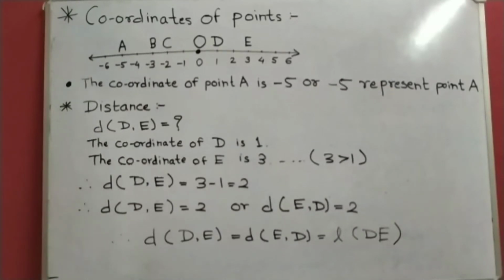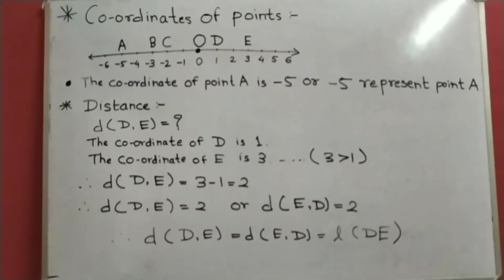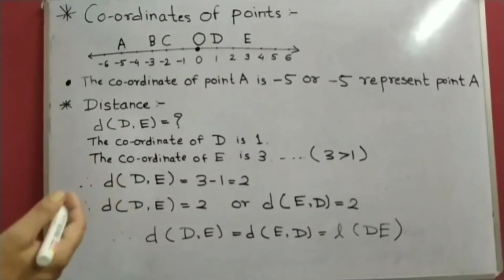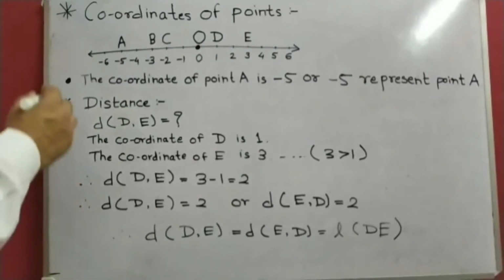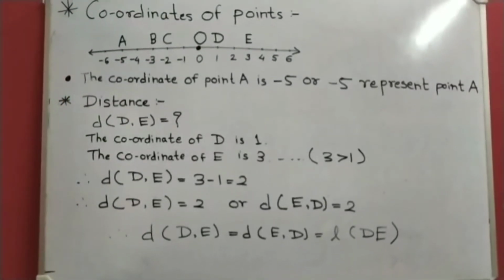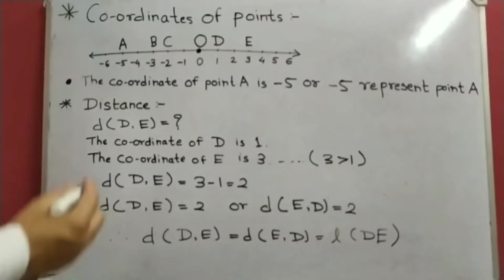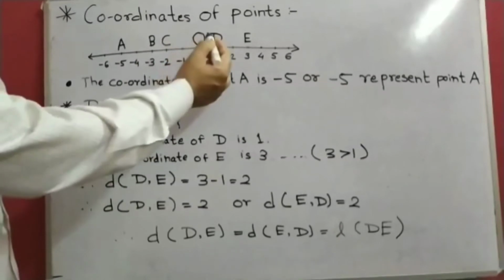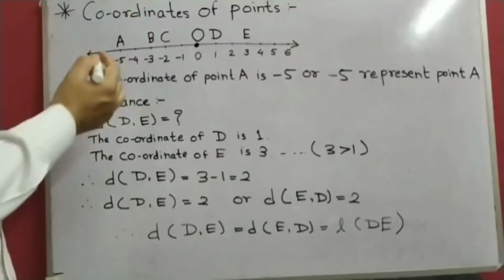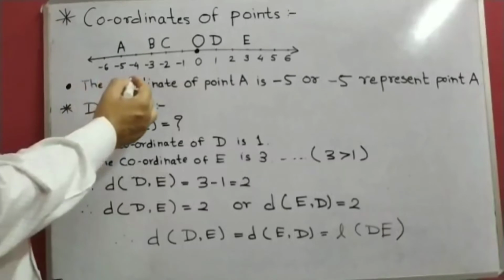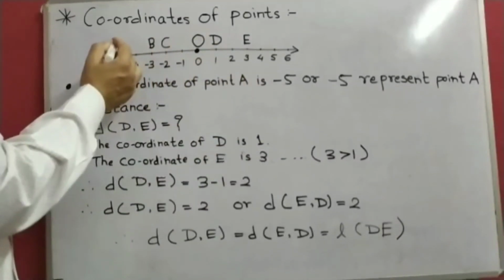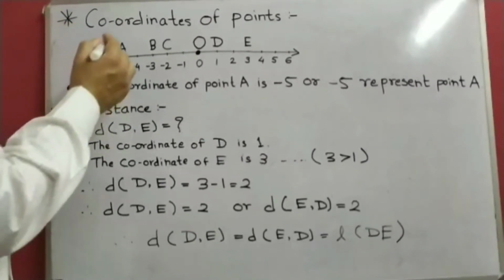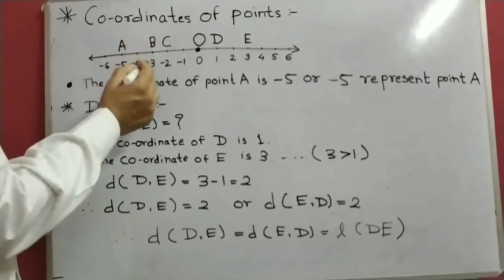What are coordinates of points? We learn actually a number line. On the number line there are so many numbers, positive numbers, negative numbers and 0. We look in the figure, there are A, B, C, O, D and E, etc. The coordinate of point A is -5. The coordinate of B is -3.